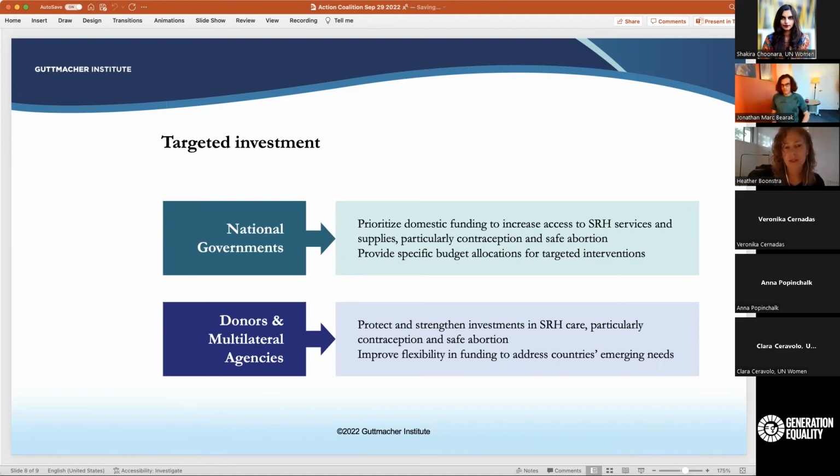And of course, donors and multilateral agencies also play their own role in strengthening investments and providing guidance and support to others, and improving flexibility in funding and encouraging countries to do so in order to respond to changes in the moment as the landscape changes. Next slide, please.